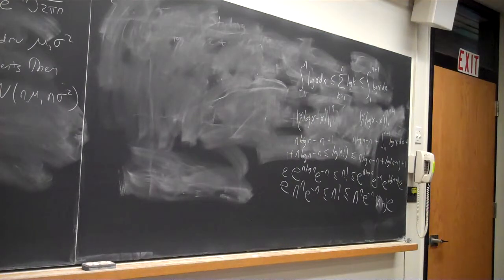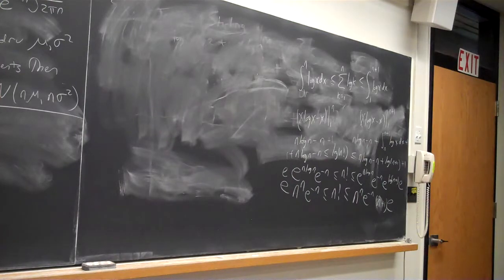Alright, so the first thing is, what is a good choice for the xi's? Do you know anything that kind of looks like it has a something to the n and e to the minus something? Any random variables that we've seen that look like that? We've seen a discrete random variable that looks something like this. Has a parameter lambda.